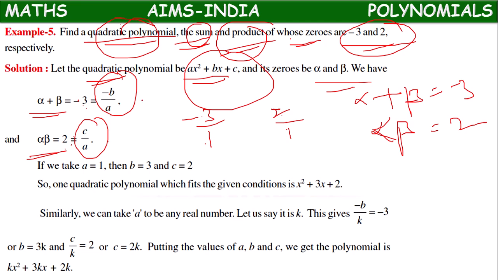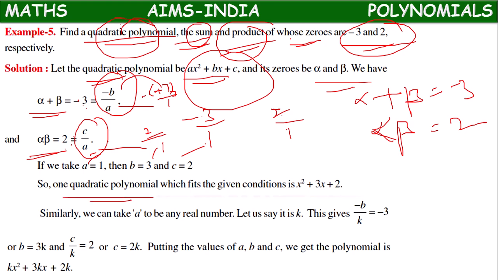But it is minus of b by a, so minus of plus 3 by 1, and here just 2 by 1. If we guess, a value is common in both. A value is 1. B value is plus 3. C value is 2. Like that, we can guess.